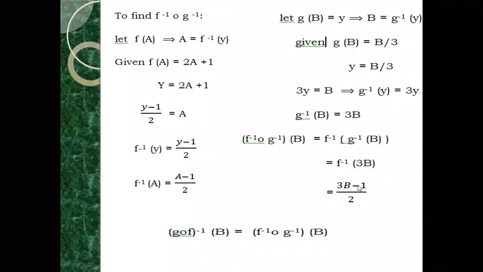F inverse of 3B is 3B minus 1 by 2. So the value of G composition F whole inverse of B is equal to the value of F inverse composition G inverse of B. Okay.